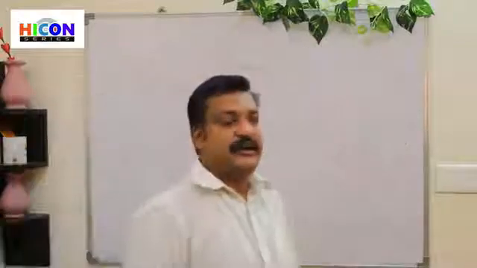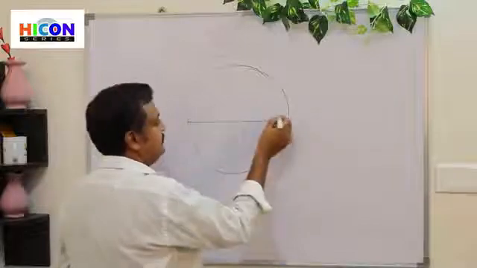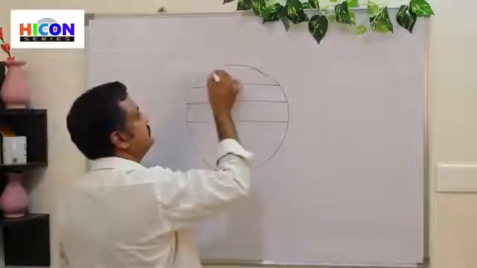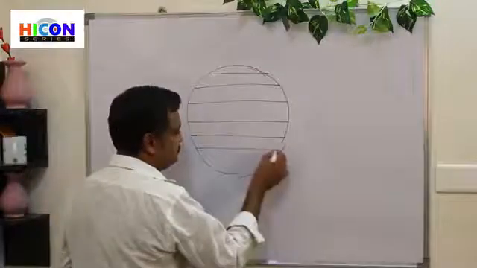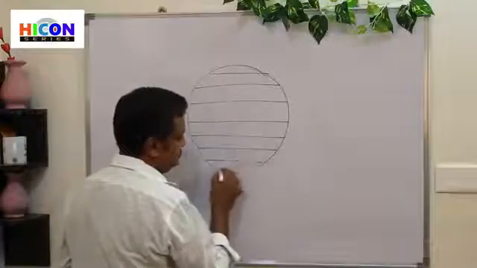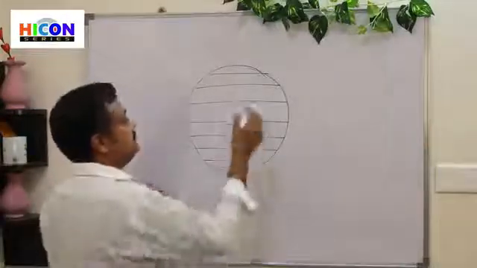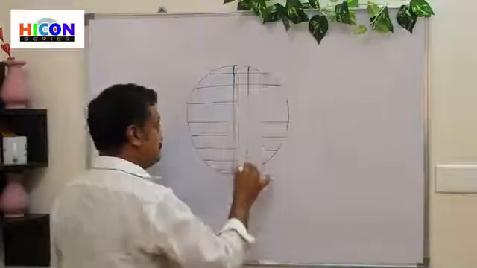Right? So we have seen the two types of lines that we have on this earth. The parallels, also known as the latitudes, and the meridians, or the longitudes.